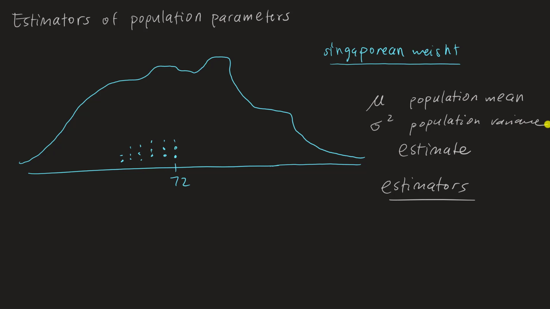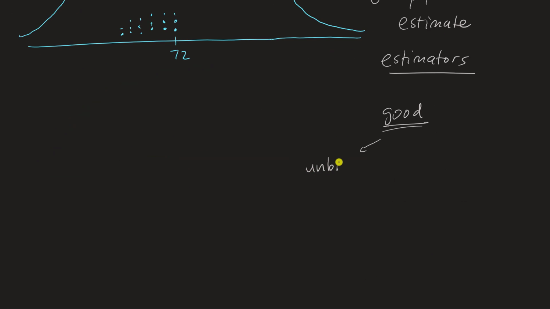So let's take a look at what makes an estimator a good one. Now, of course, there are bad estimators and there are good estimators. One of the criteria for an estimator to be labeled good is it has to be unbiased. The other factor in determining whether an estimator is good or not, it would be whether the estimator is efficient.